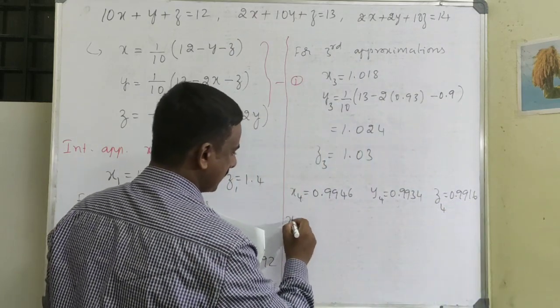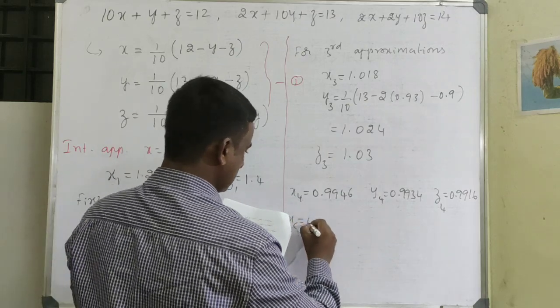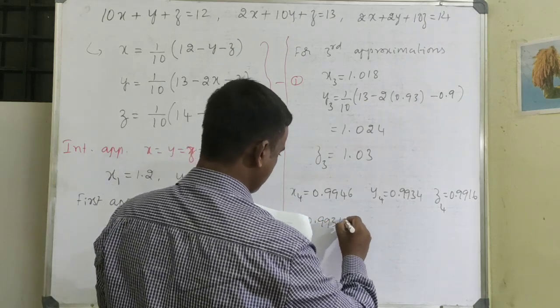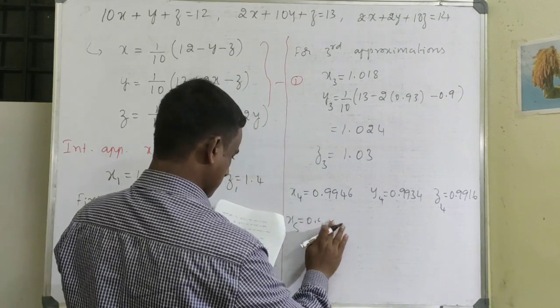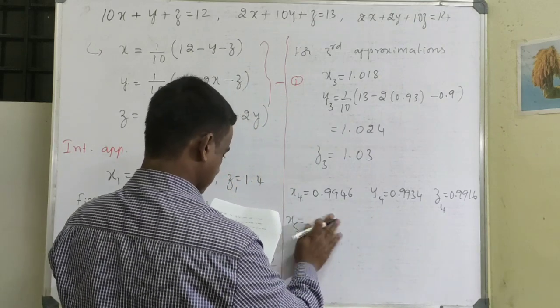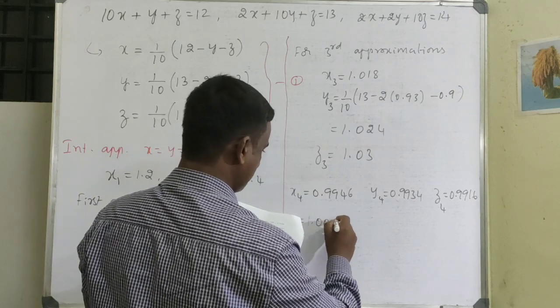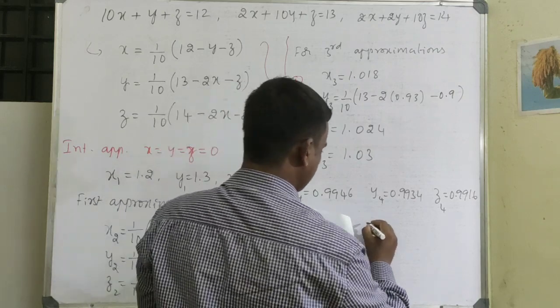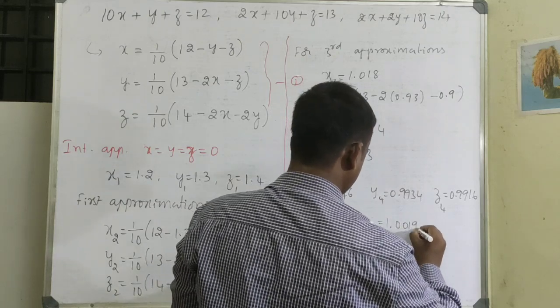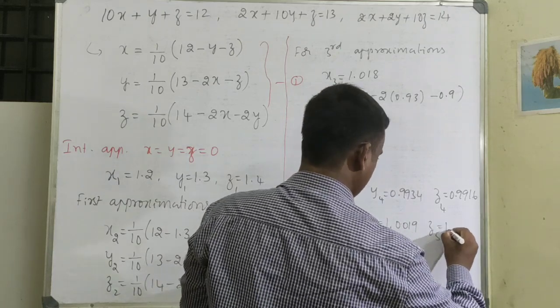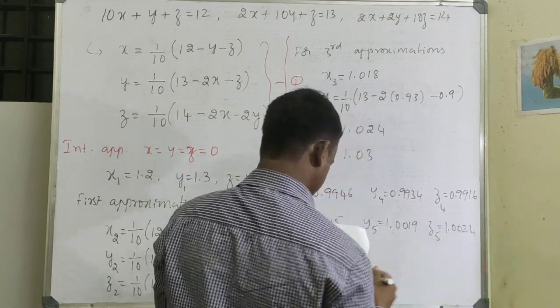Continuing, fifth approximations: x5 0.9934, sorry, 1.0015, y5 1.0019, z5 1.0024.